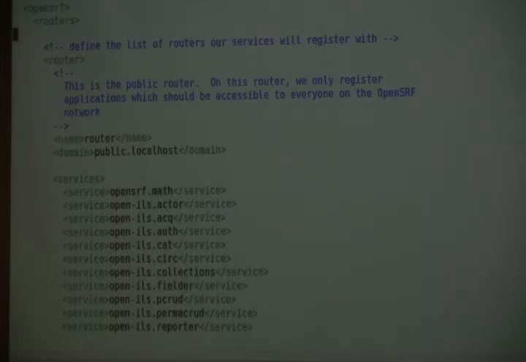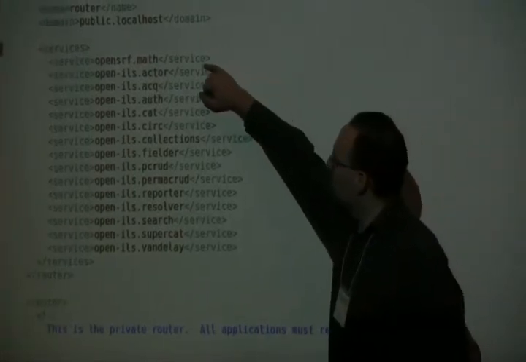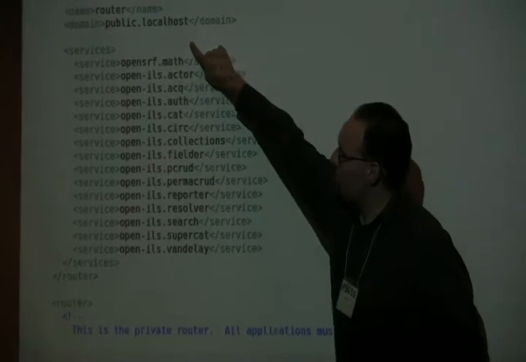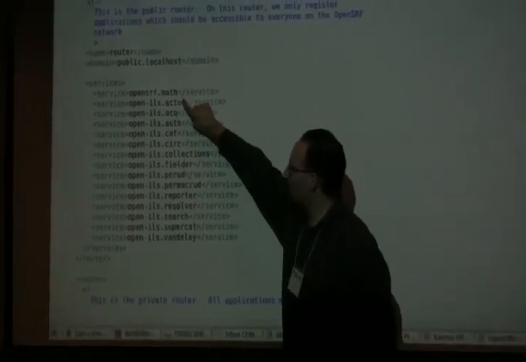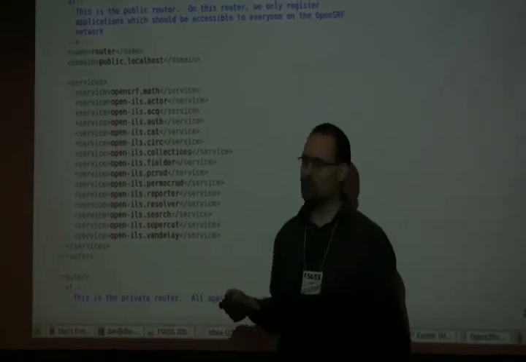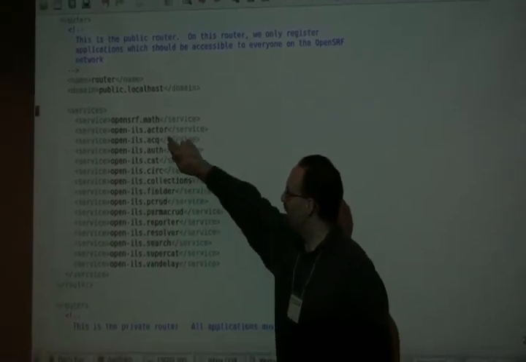What we started with is defining the sets of routers that sit on the system. So we want a public router and a private router. And we talked about the services that these offer. On my system, my OpenSurf public router is offering this list of services. The math service, which does things like add 2+2 for you. Actor, acquisition.